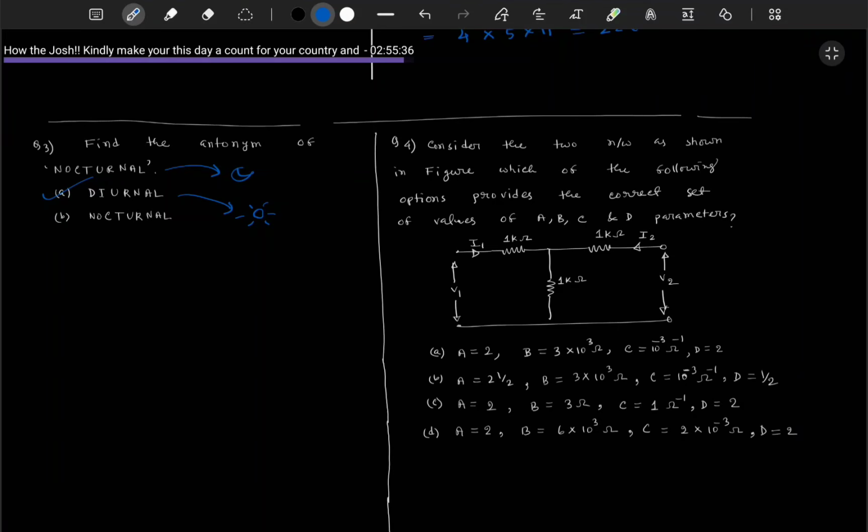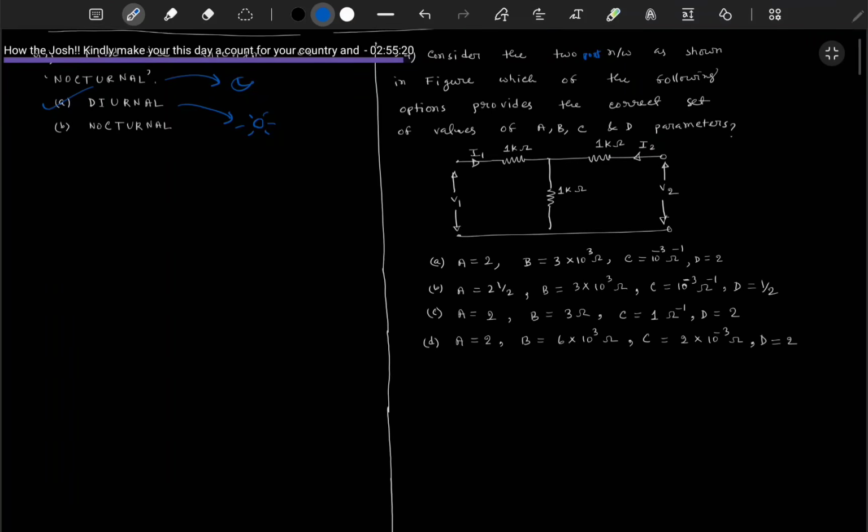Okay, consider the two port network as shown in the figure. Here we need to find out the ABCD parameters.